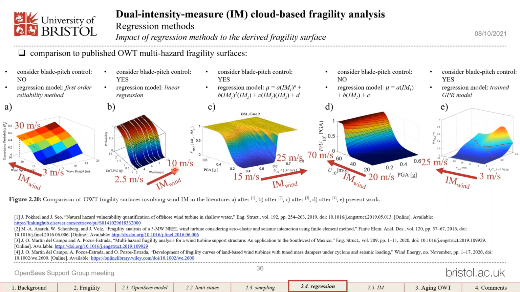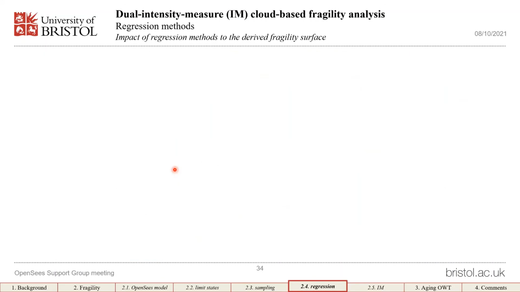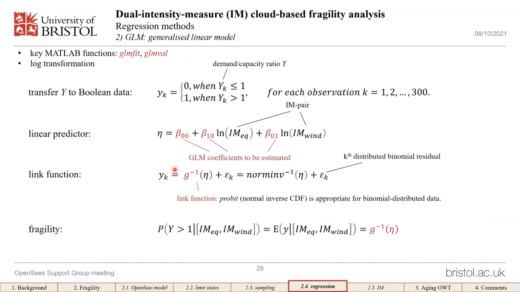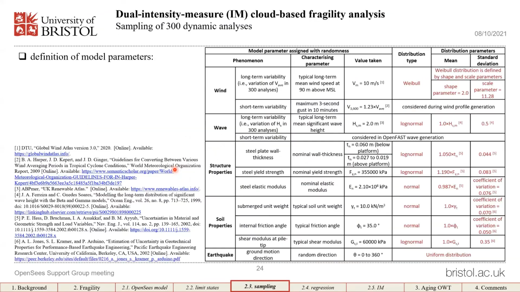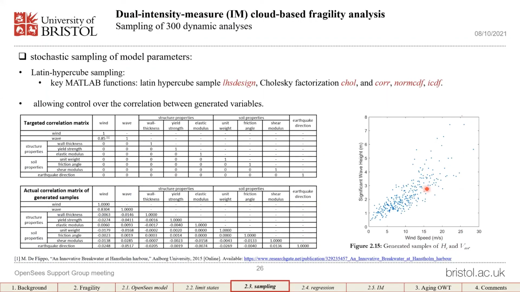But in the case of a stronger wave, normally it will be associated with a stronger wind, because of the correlation between wind and wave load. If you're interested, you are free to use wave as a third intensity measure for the hazard, but then the fragility will be difficult to express graphically, I guess. But maybe you can look into this in the future.